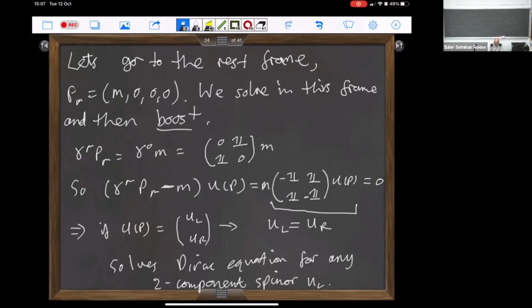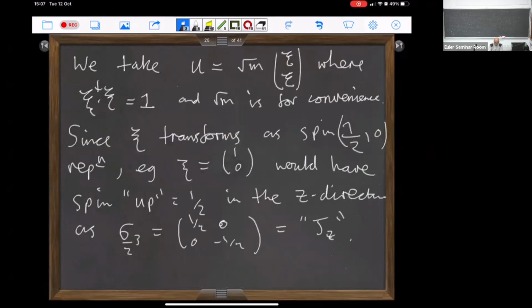So this is the general solution in the rest frame, where u left, or equivalently u right, is any two-component spinor.